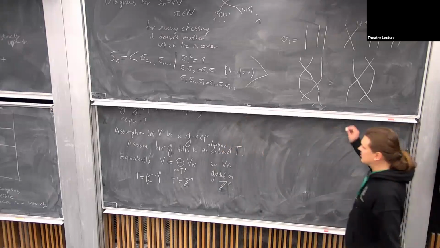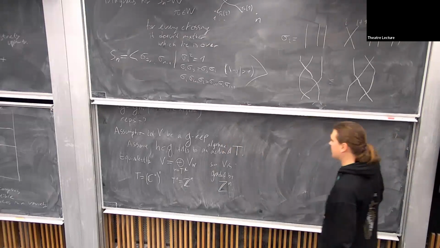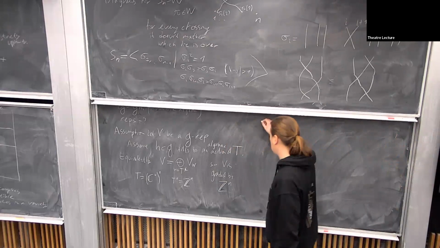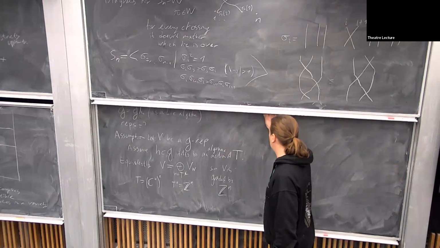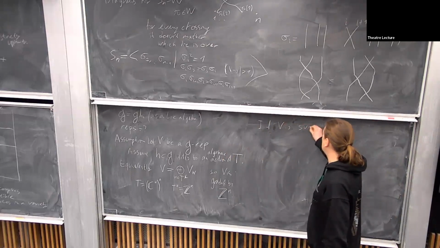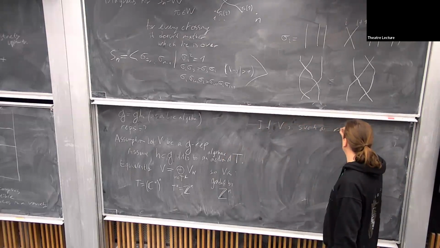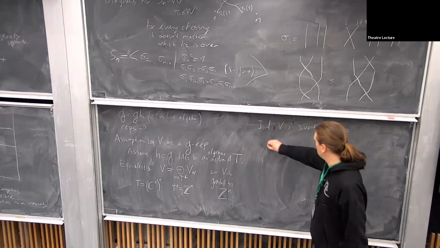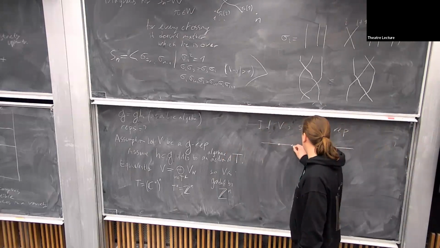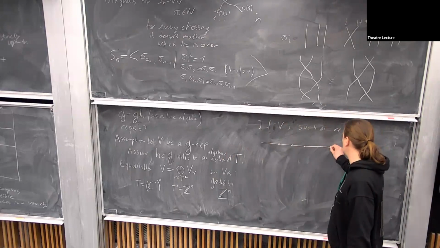Now, how do we display this in a diagram? Whenever V is such a representation, we draw a line and put some points on it with some numbers.